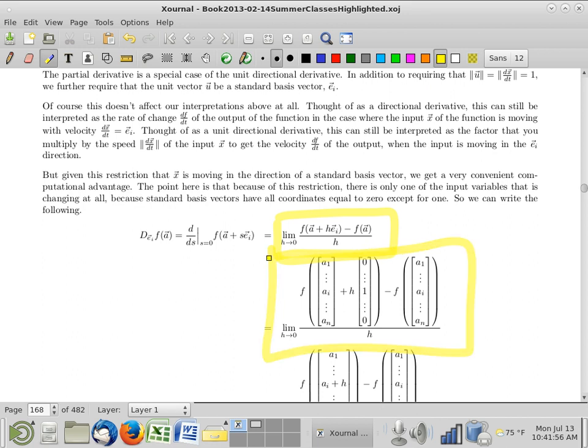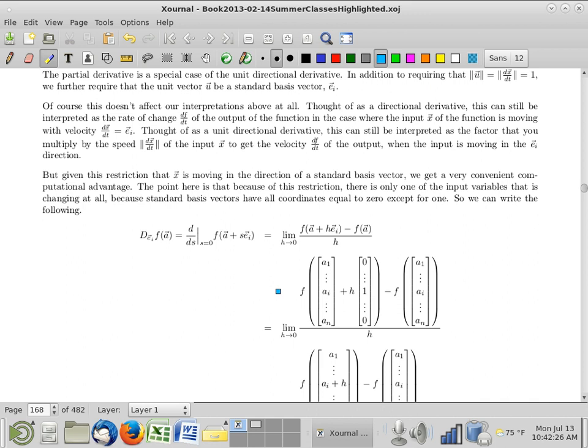Specifically, note that our input point A there is actually a vector, and our direction is a standard basis vector, so that's got various components there. And now here's that A point again. That's the same A. So altogether, I haven't really done anything. I've just expanded out what this is, where I can see the input components more conveniently.